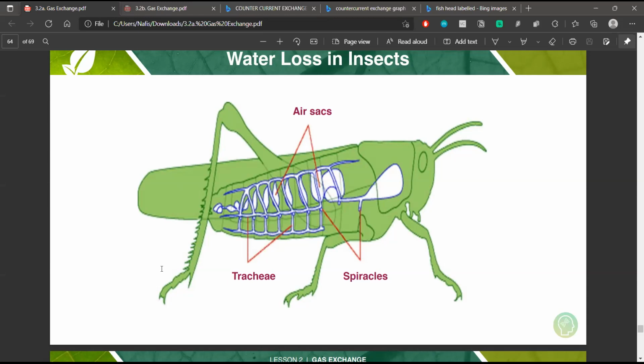Closing the spiracles, yeah. Sunken spiracles, potentially.